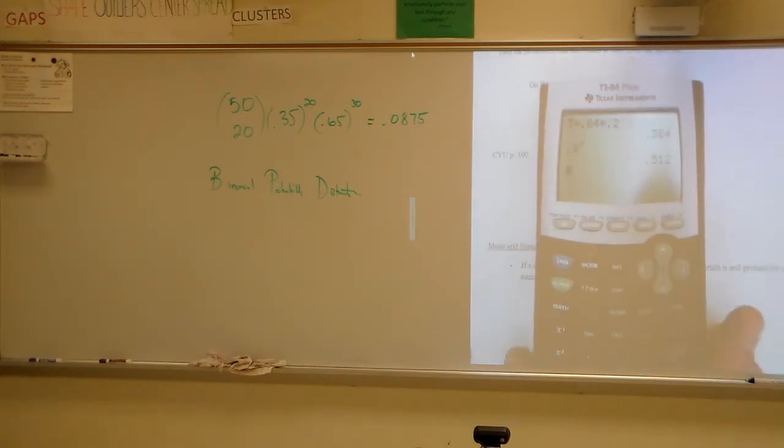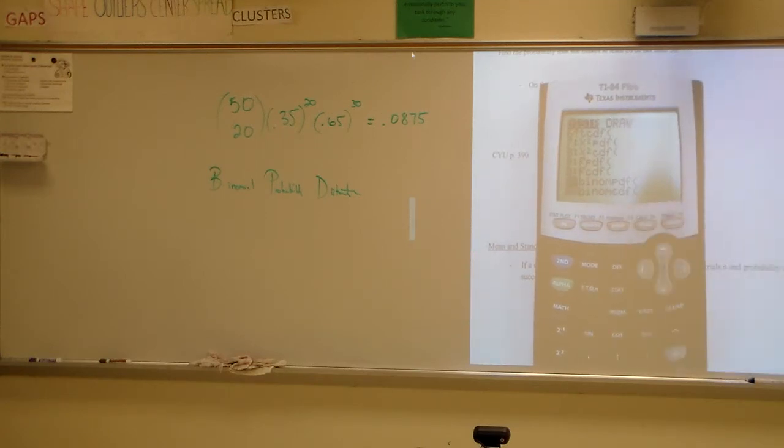On our calculator, our distributions are right here, where it says DISTR. So I'm going to hit second DISTR, and I have to scroll down to get to the binomial ones. There it is. Now, I don't want the bottom one, I want this.